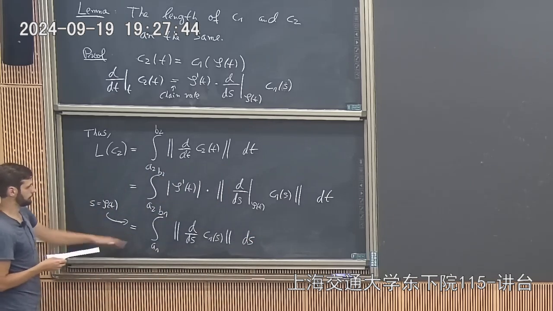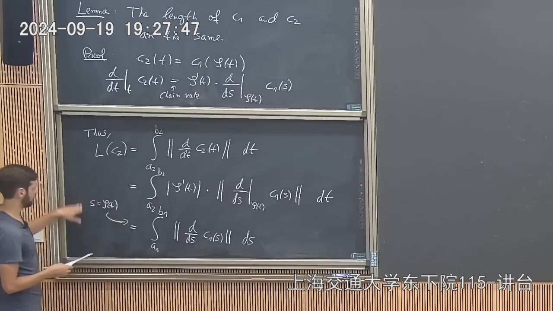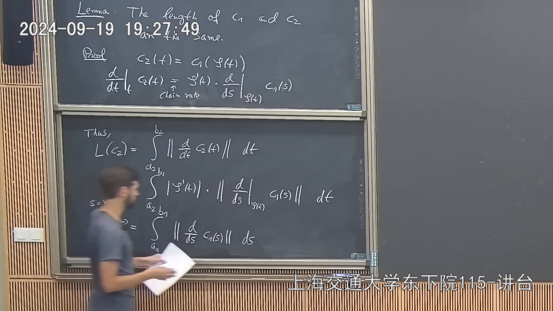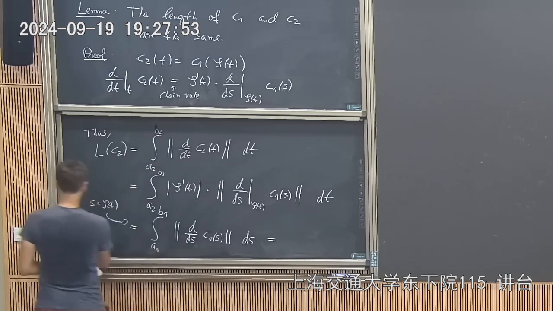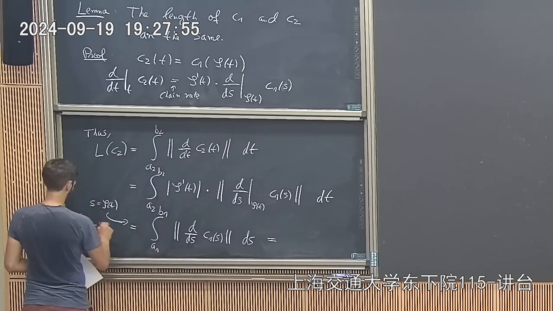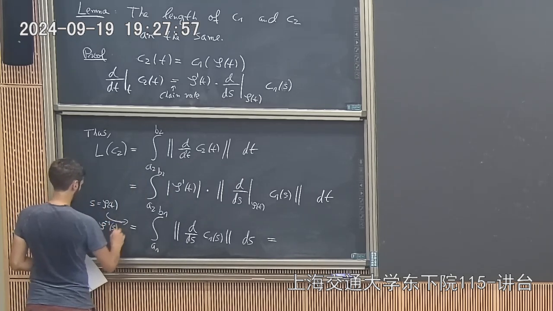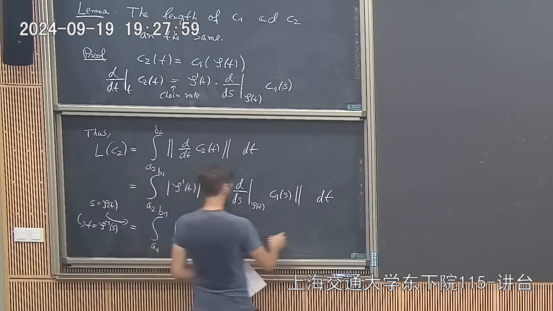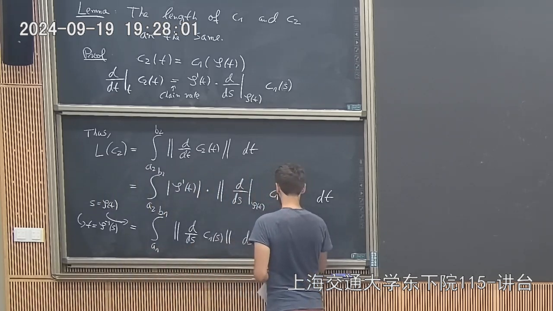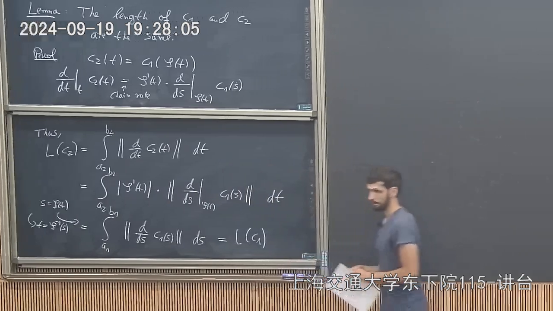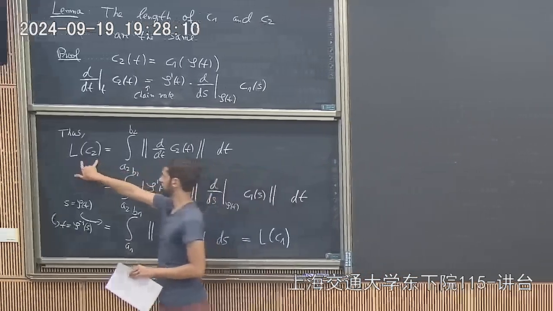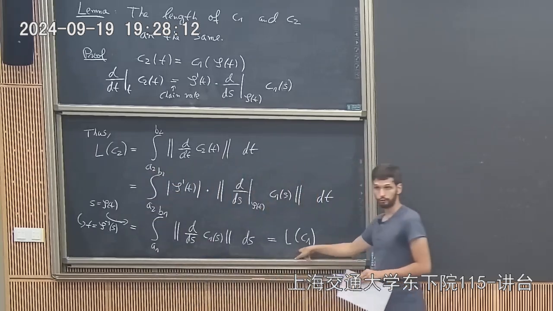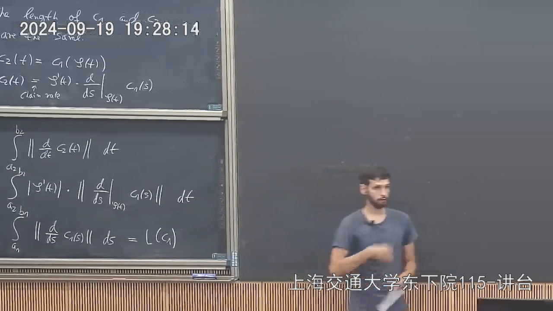So that's the reparameterization of the integral by just using this as the representation. And that one is just by definition the length of the curve C1. That's the statement that we wanted: the length of the curve C2 is the same as the length of C1.